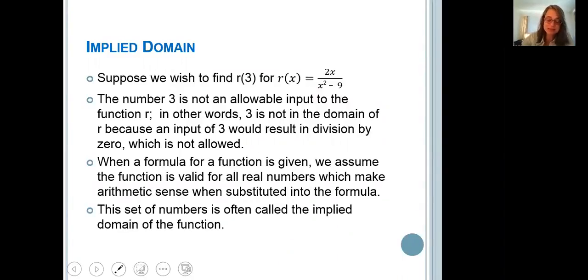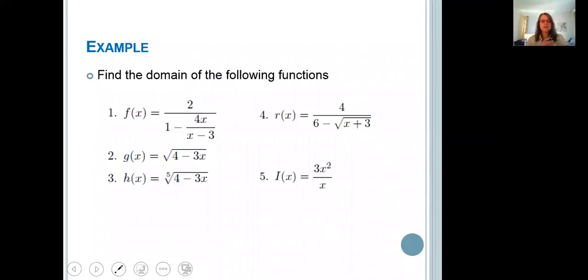All right, let's look at this some more. We're going to find the domain of these functions. So let's start with the first one. It's kind of ugly. We've got f of x equals 2 over 1 minus 4x over x minus 3. If we think about this in terms of fractions, we've got two denominators, right? We've got a fraction here that has a denominator. x minus 3 is a denominator.